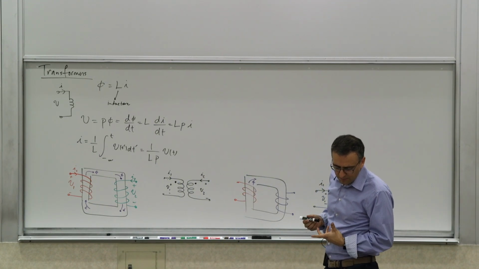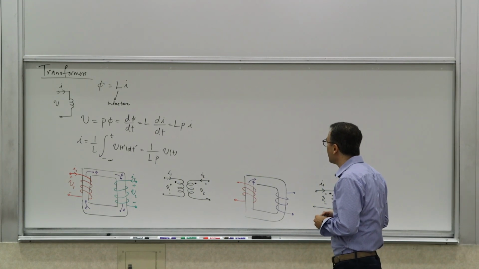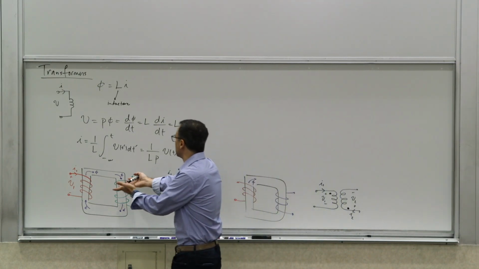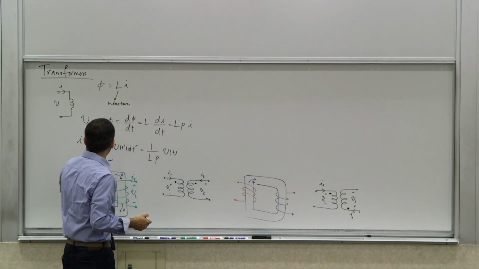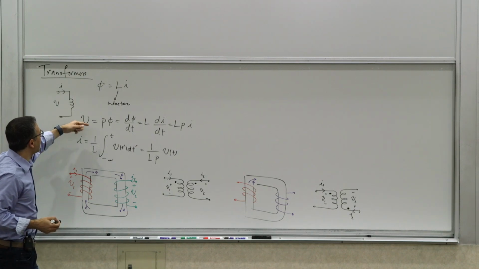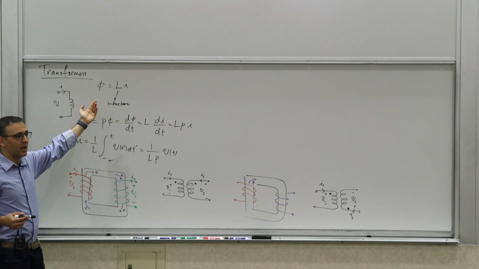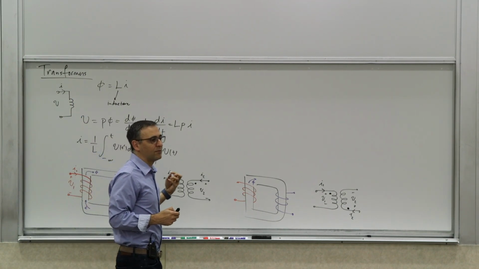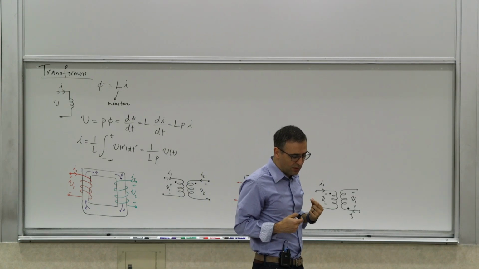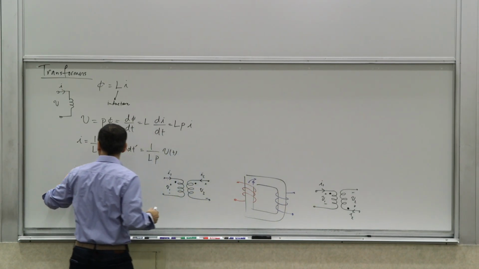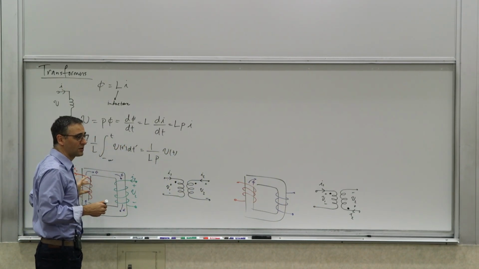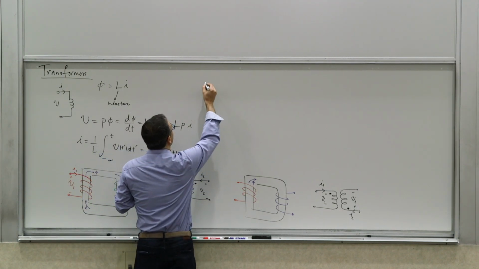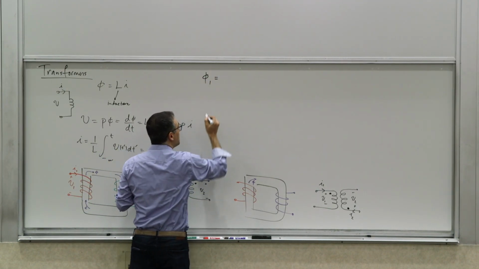So how do we model this? So the total flux linkage, now, what do we do about one of these things? How do we model it mathematically? Remember, for a single inductor, we had the flux linkage associated with it that was induced only by its own current. But now you can see that the flux that's linked to this first inductor, the red inductor, is induced by two parts.